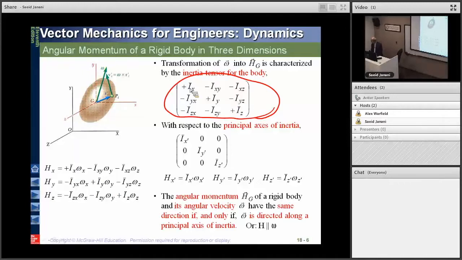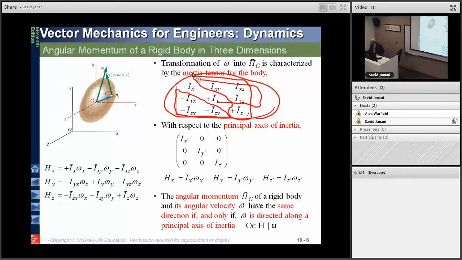Now, moment of inertia. The transformation of angular velocity omega into h of g, angular momentum with respect to point G, is characterized by the inertia tensor for the body, which is this matrix.